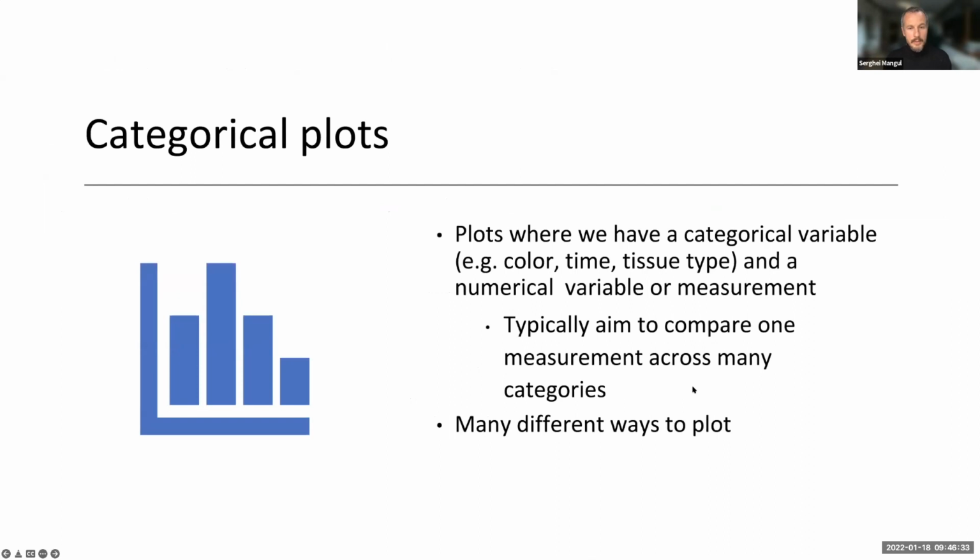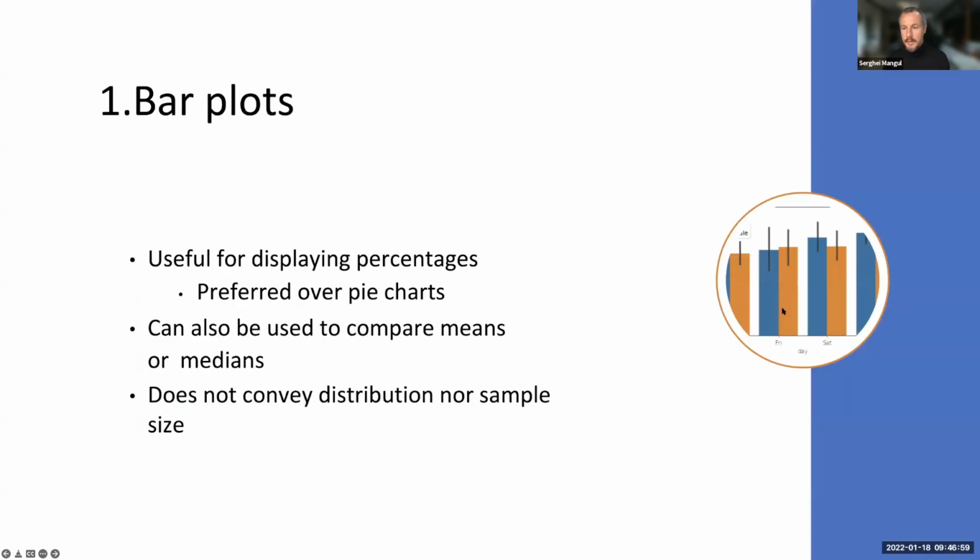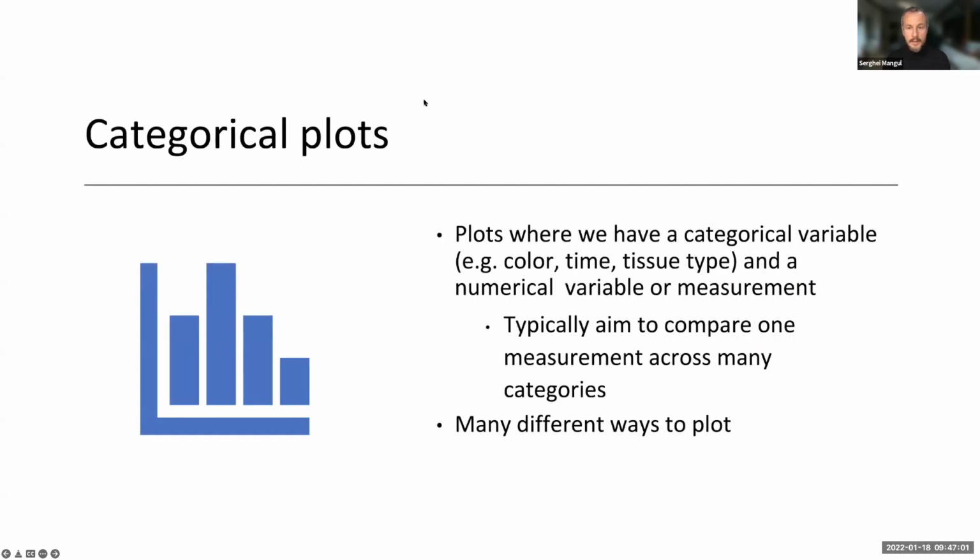Okay, so let's start in general, and then we'll jump into something more specific. Categorical plots are plots where we have a categorical variable, like color, time, tissue type, and so on, and a numerical variable for measurement.